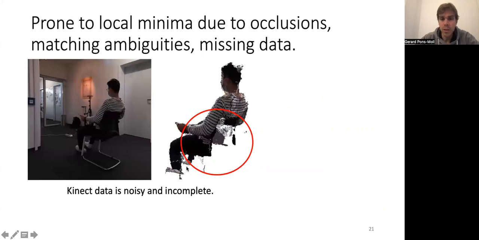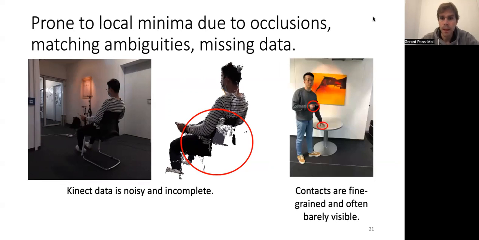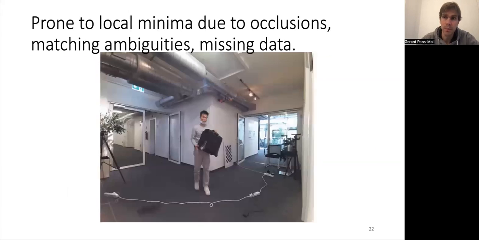Sometimes the object is not fully visible, it's only partially observable, the Kinect data is noisy and incomplete. Contacts occupy only a very little portion of the pixels in an image, and contacts, however, are very important to the perception of a good human-object interaction, but they are difficult to detect in the images.